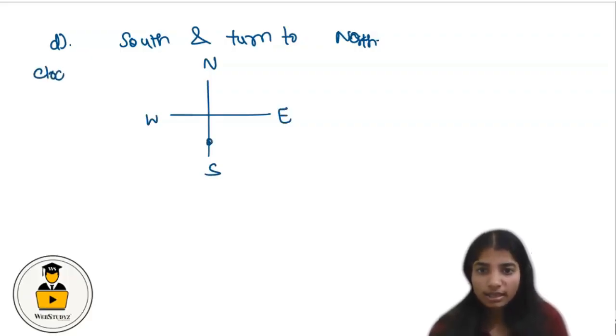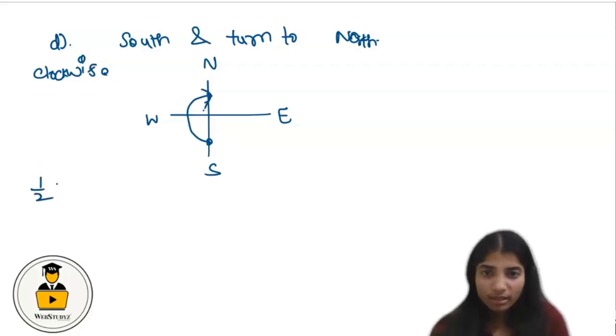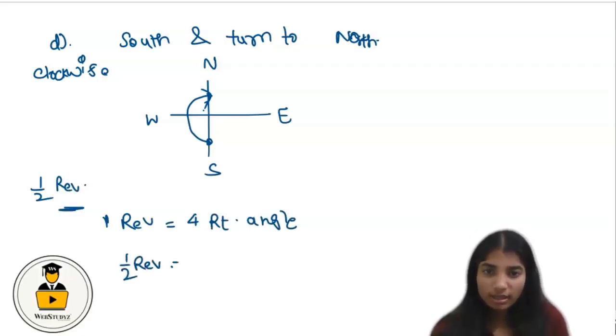If we consider clockwise, from south to north it covers 1 divided by 2 of the revolution, and we know that 1 revolution is equal to 4 right angles. So 1 divided by 2 of the revolution is equal to 4 multiplied by 1 divided by 2, which equals 2 right angles.